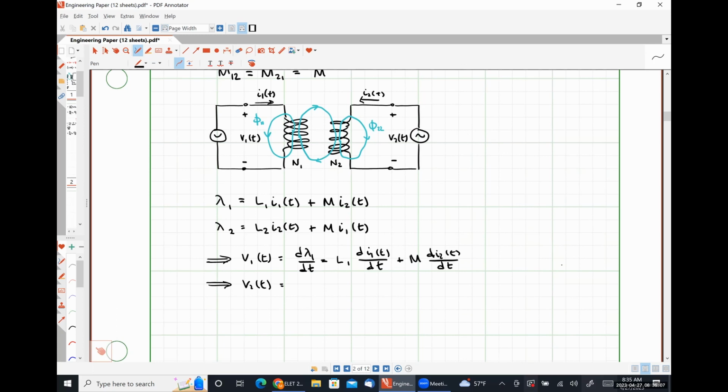And similarly, the derivative of flux linkage for coil 2 is going to give us L2 dI2/dt plus M dI1/dt.